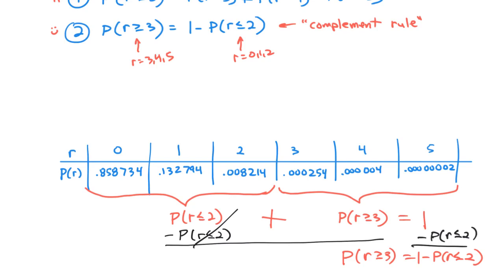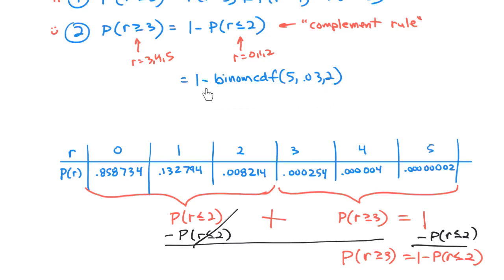So to use this technique, the complement rule, we would go 1 minus binomial CDF, and then we have our n, p, r, right? 5, 0.32. And you can enter this all in one command on your calculator.